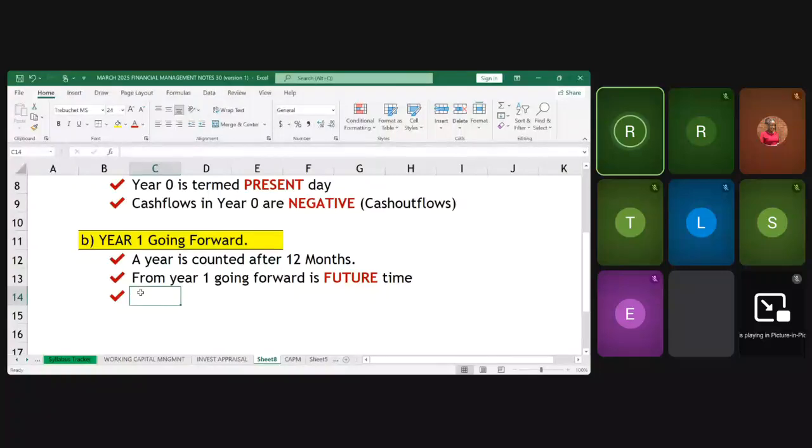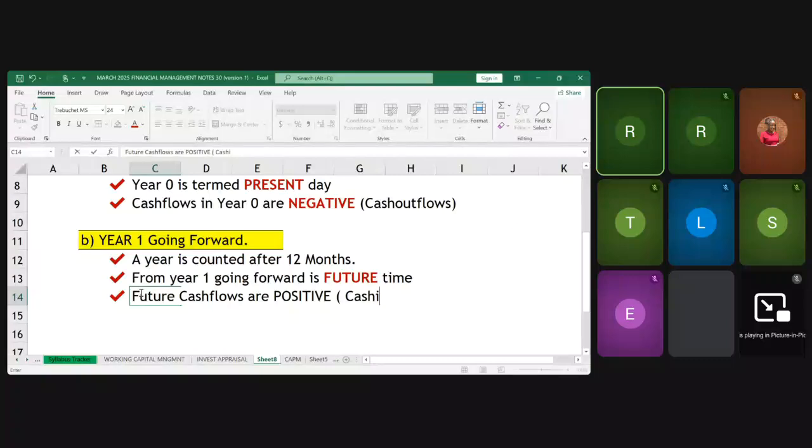But for the purpose of understanding this, future cash flows are positive. So this is when you recoup or recover money from the investment. So positive cash flows are cash inflows.